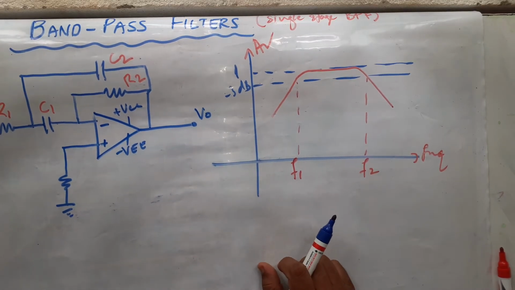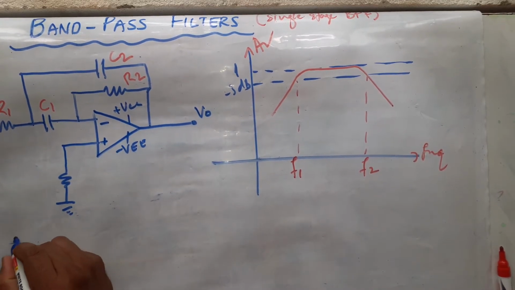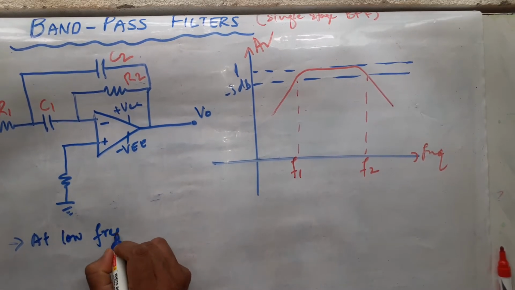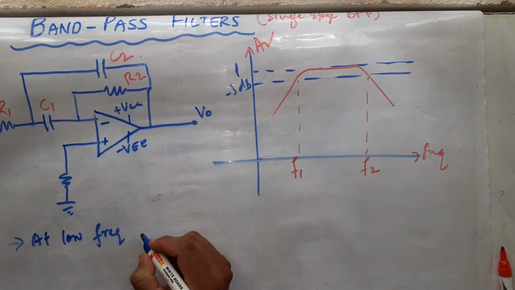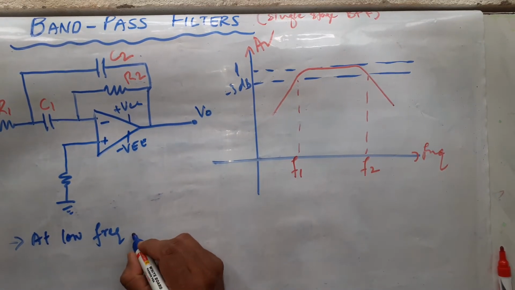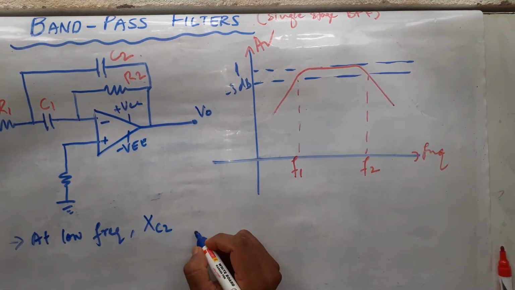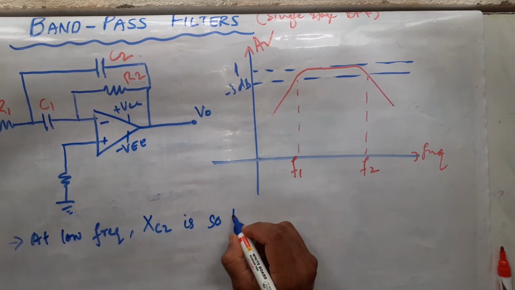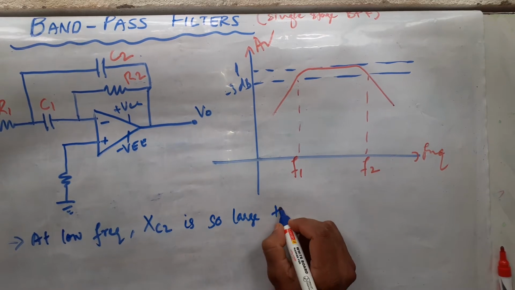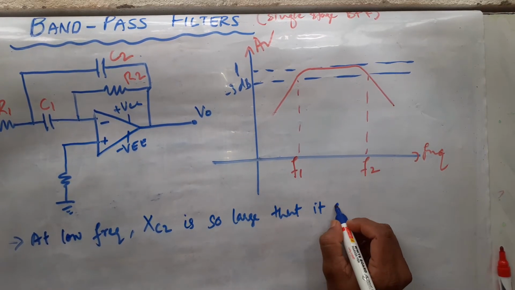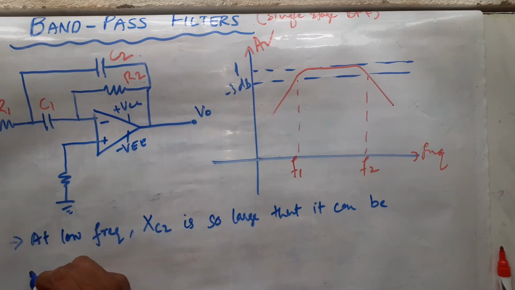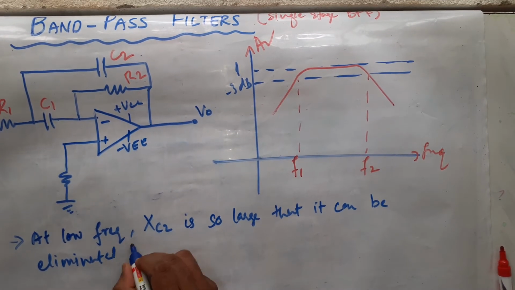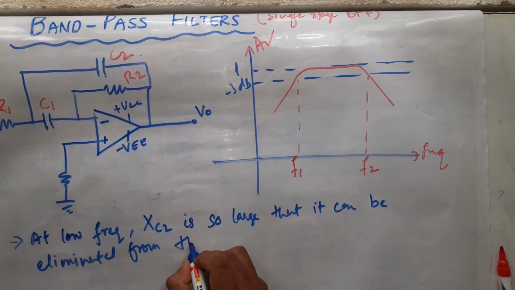So for example, at low frequency, it is in this portion. At low frequency, XC2, capacitive reactance of C2, is so large that it can be eliminated from the circuit.